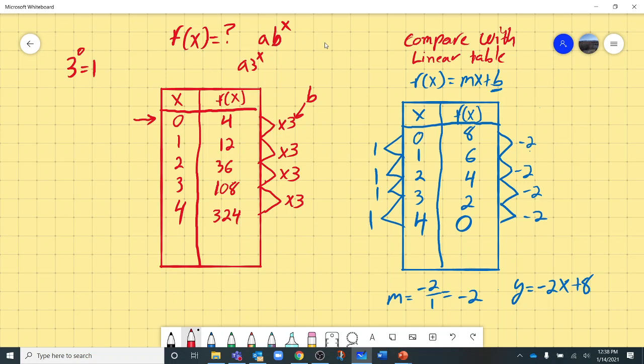So this is our a value. And so if we wrote this equation, f of x is equal to 4 times 3 to the x power.